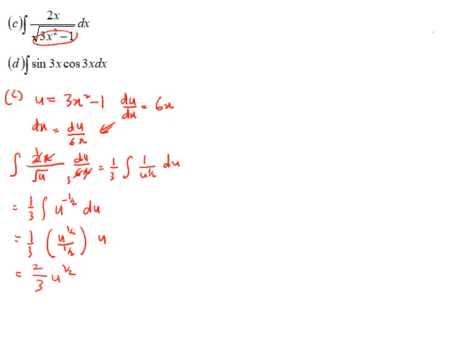No more du after we integrate, plus c. So now substitute back or replace the u with x. 2 over 3, u is 3x squared minus 1, power 1 over 2, plus c. That's it.